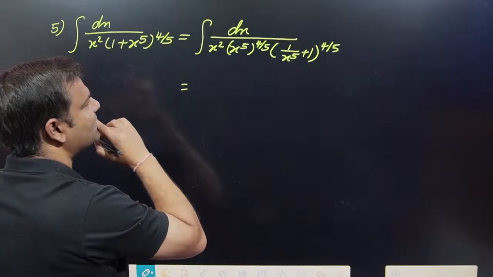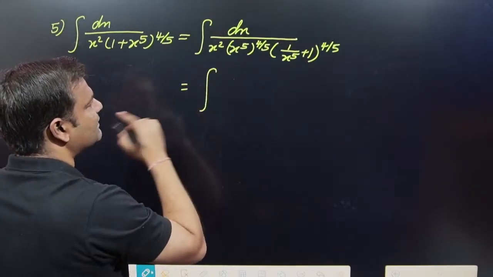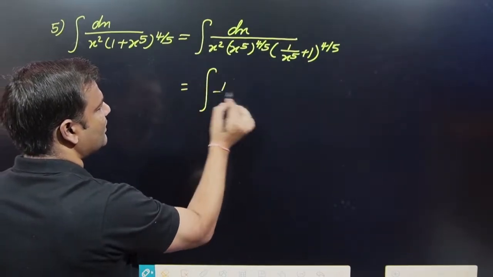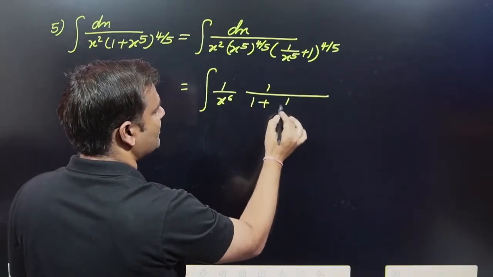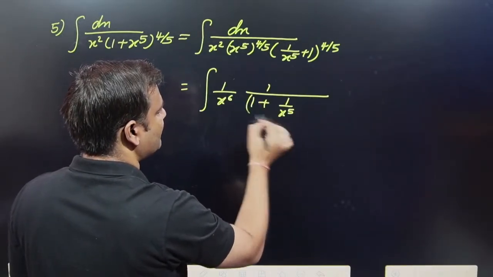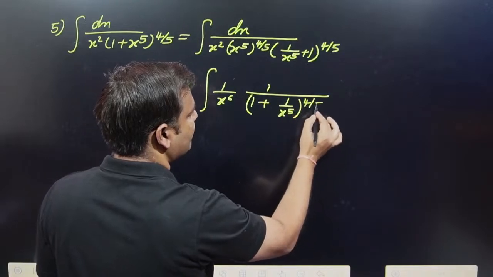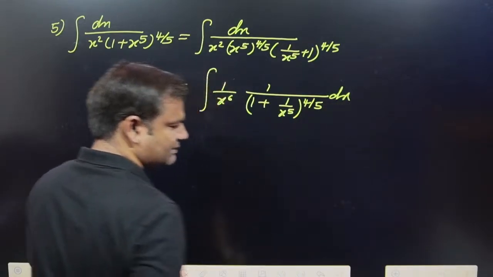After that this is written as 1 by x to power 6, and here (1 plus 1 upon x to power 5) to whole power 4 by 5 into dx.